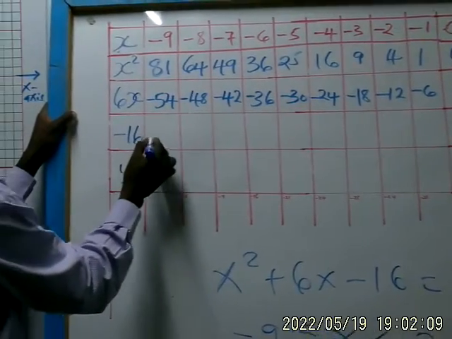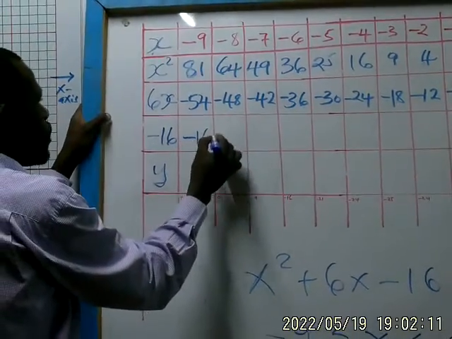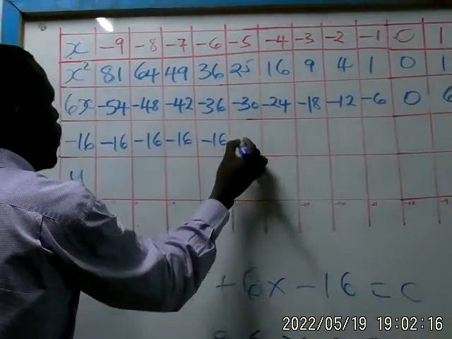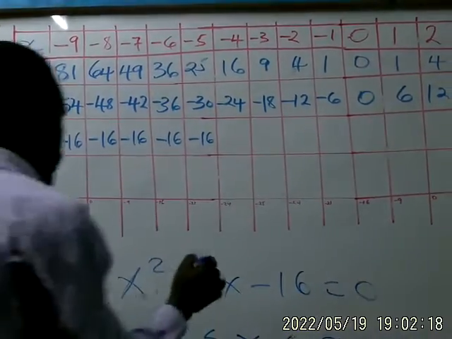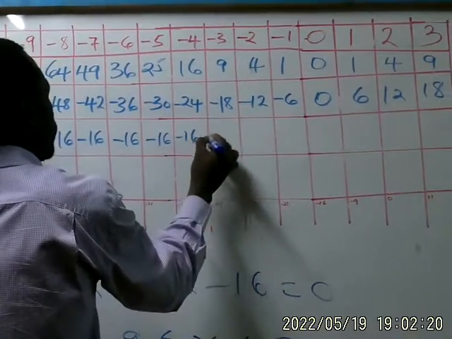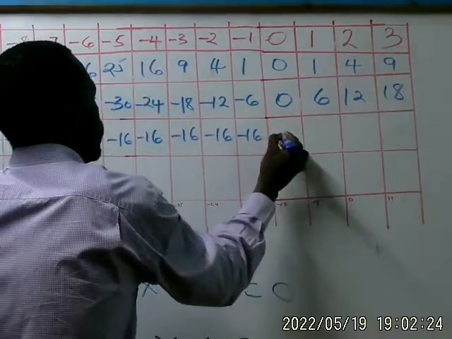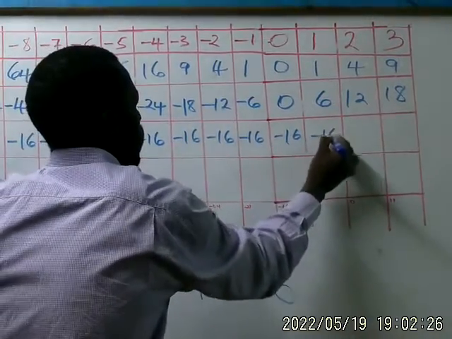Now, for this -16, it does not have a value of x, therefore it's a constant, and these values will remain across my row there, -16 for each box.